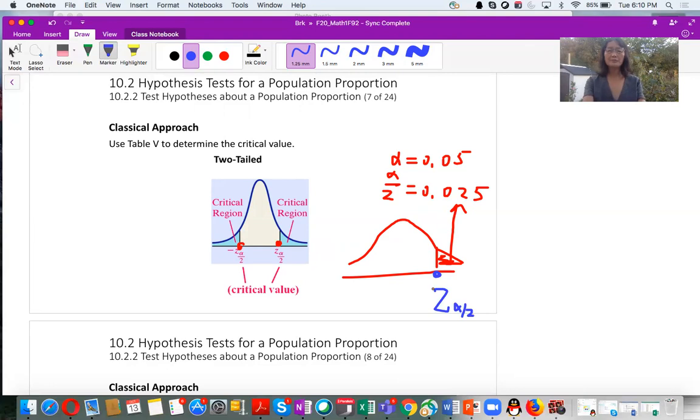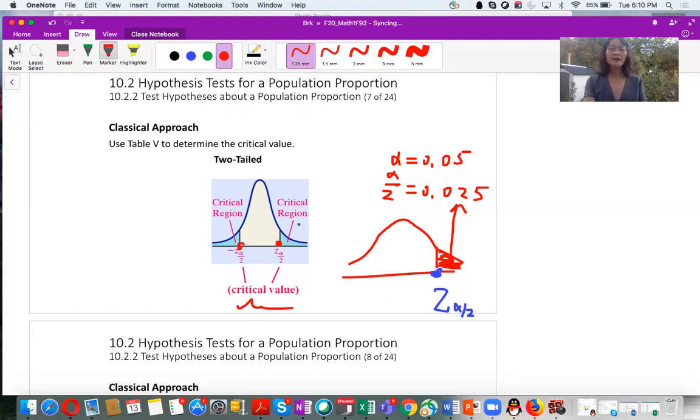The point in blue is just one point. This point represents z subscript half alpha. And this area in red is the area. The area is half alpha. And we call this z half alpha and negative z half alpha the critical values. This critical value decides the critical region.